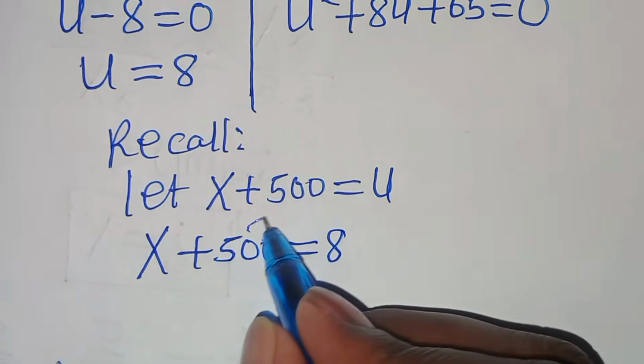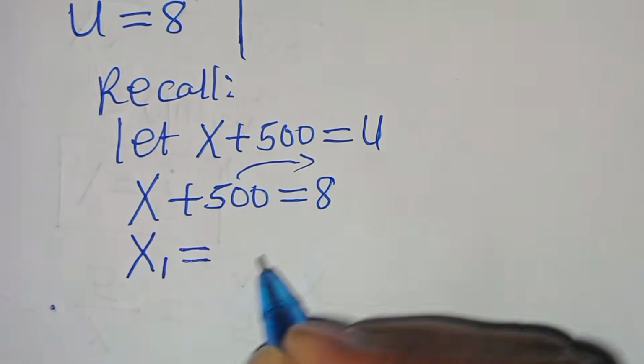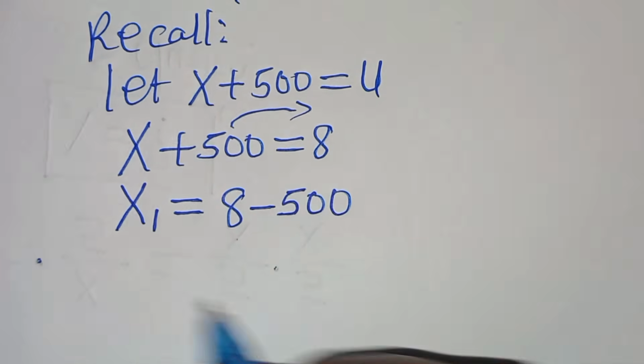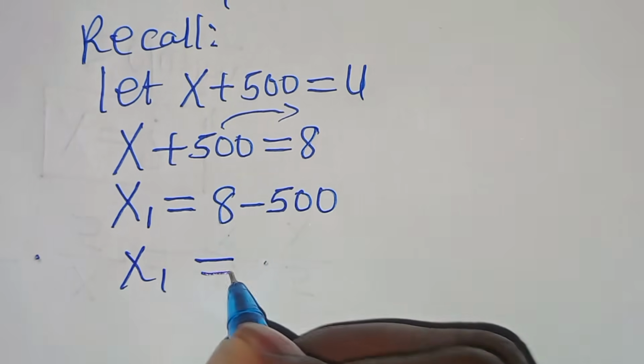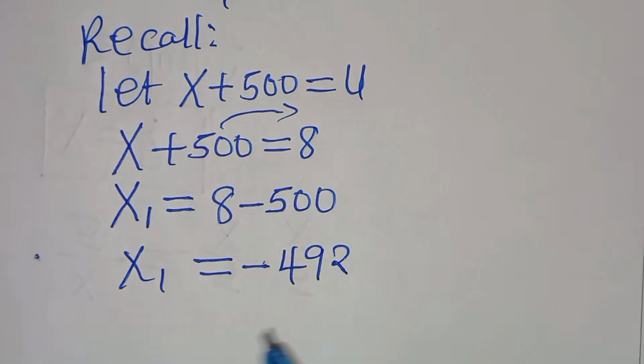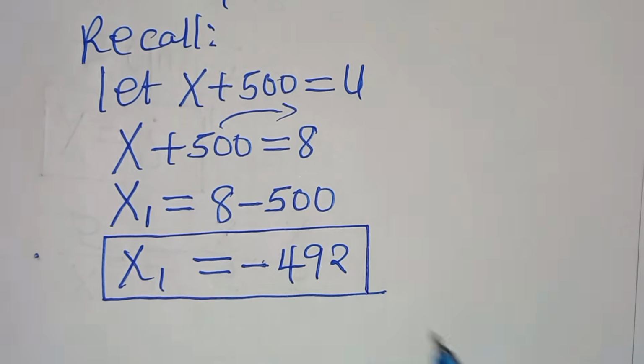Let's take 500 on the right hand side. So this means that x1 is equal to 8 minus 500, and this means that x1 is equal to minus 492. So this is the value of x1.